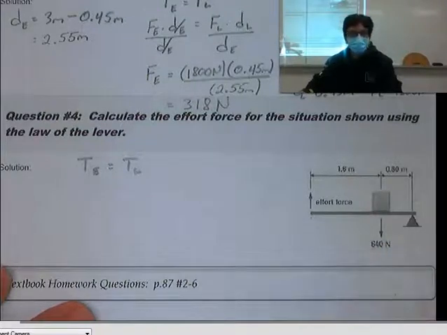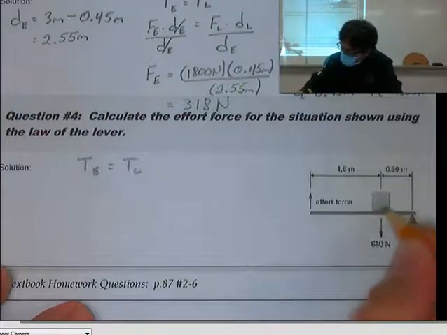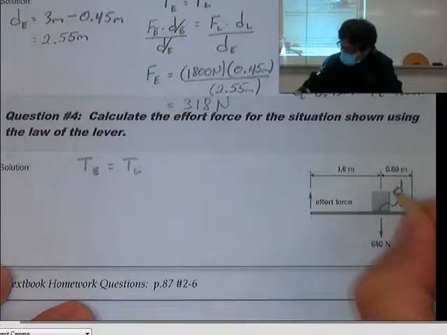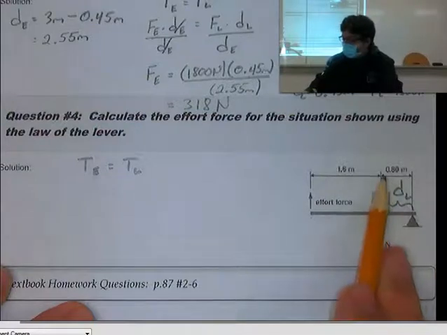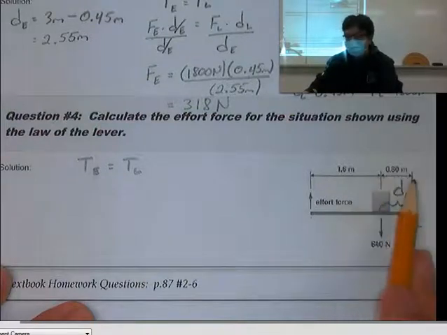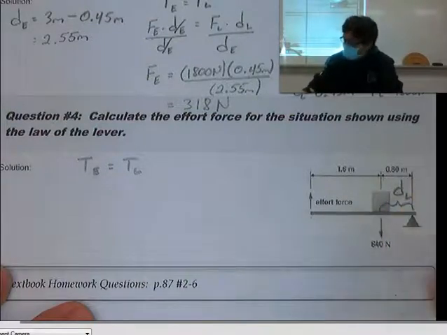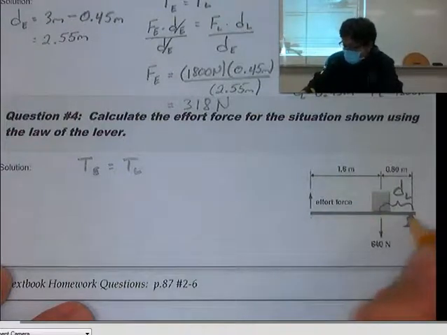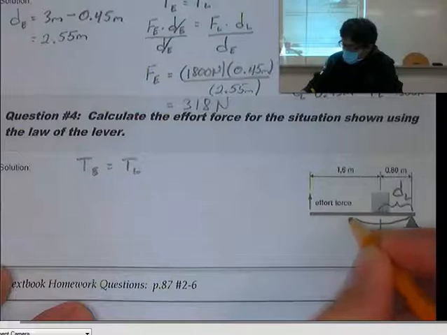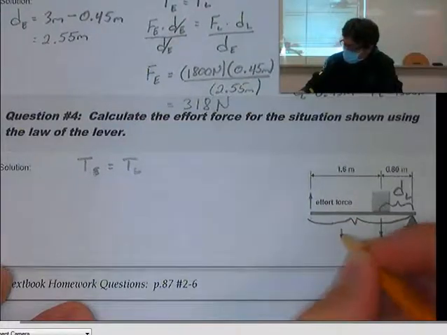Remember the definitions for what your effort arms and your load arms are. This here, from the fulcrum to the load, is your load arm. And that, they tell us, is 0.8 meters. The effort arm is always from the fulcrum to the effort force.